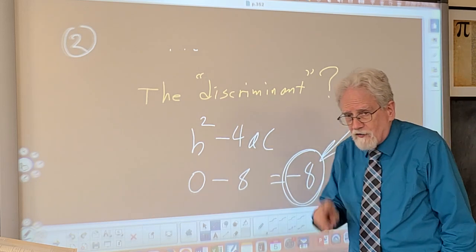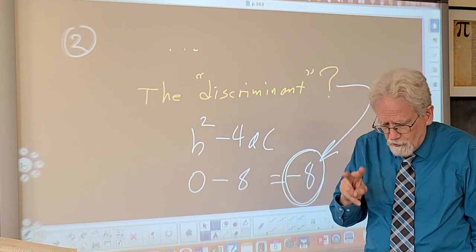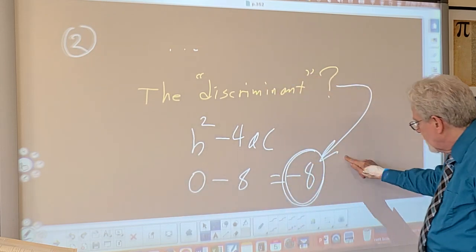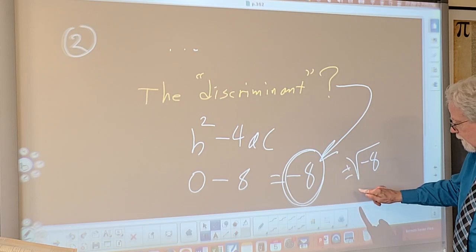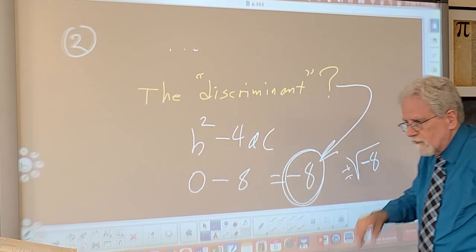And that means you're going to get two imaginary roots. Because in the real numbers, you can't take the square root of a negative. And you've got the plus or minus in there, so you're going to have two imaginary roots.